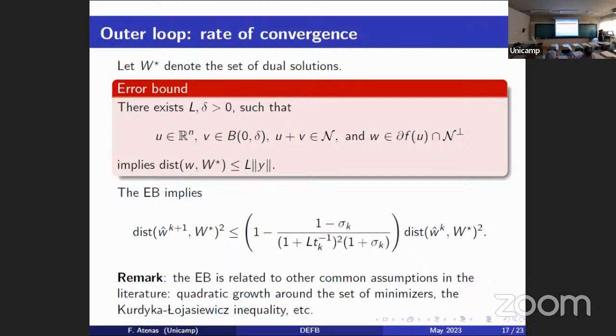So, in principle, some problems that satisfy the variational qualifications also satisfy the error bound. What type of functions satisfy the KL inequality? The most common ones are semi-algebraic functions, and those are the ones whose graph can be written as the solution of a system of polynomials, a finite number of polynomial equations or inequalities.